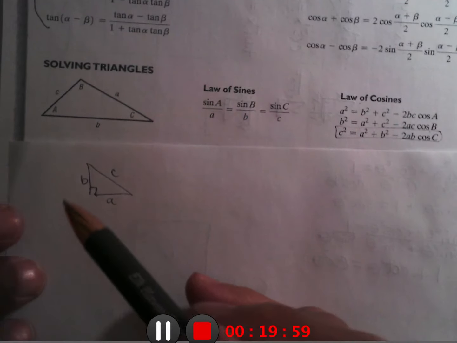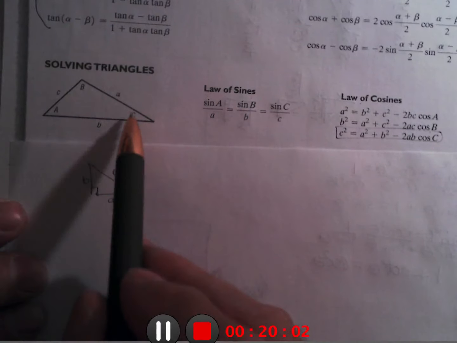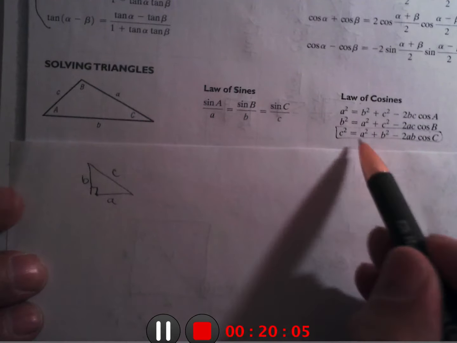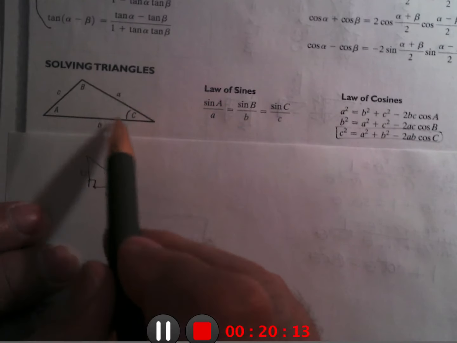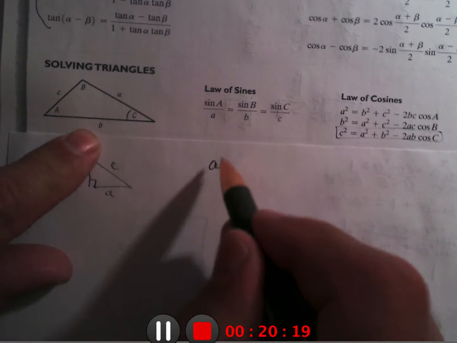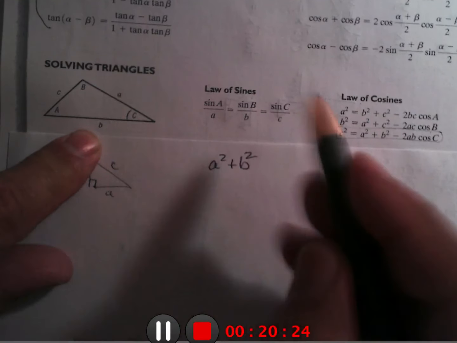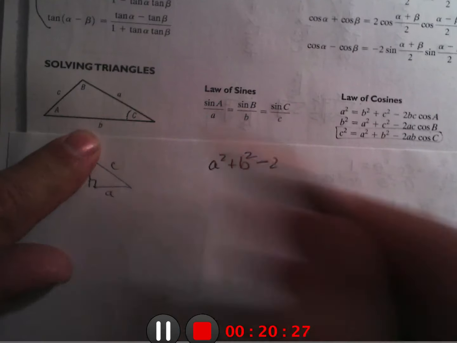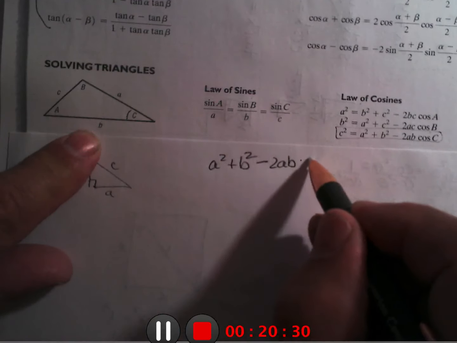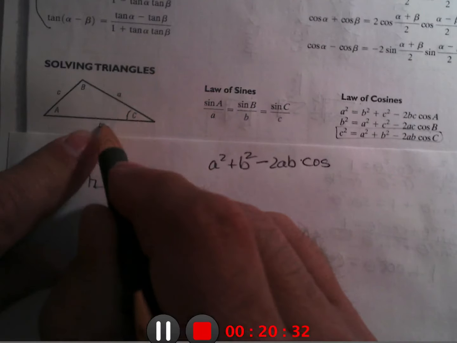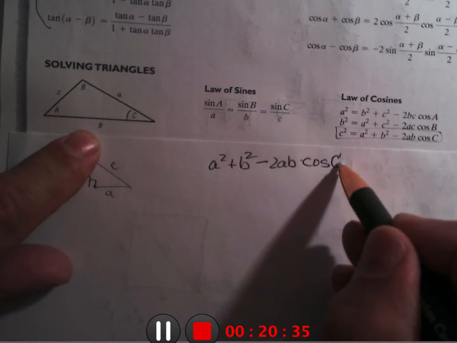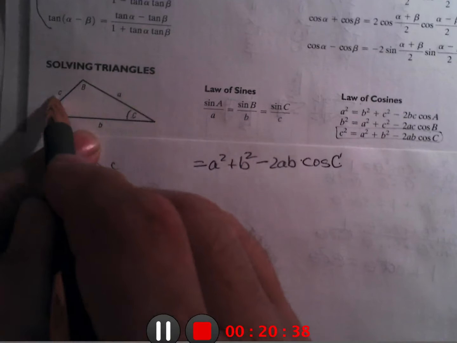So if you think about it, this is the way I like to teach it and have students think about this. If you have an angle and you have two sides adjacent to the angle, then you square the two sides that are adjacent, a squared plus b squared, then go minus 2 times those two multiplied, times the cosine of the angle between those two sides, and you get the side across from it squared.